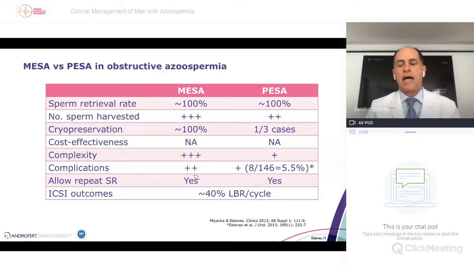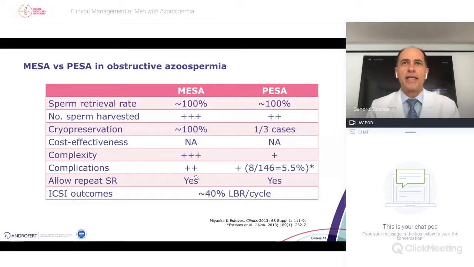In our scenario right now, we use a lot of microsurgical epididymal sperm aspiration because we do these procedures beforehand. We collect sperm, we analyze, we freeze. We can also collect from the testicle and from the epididymis at the same time.